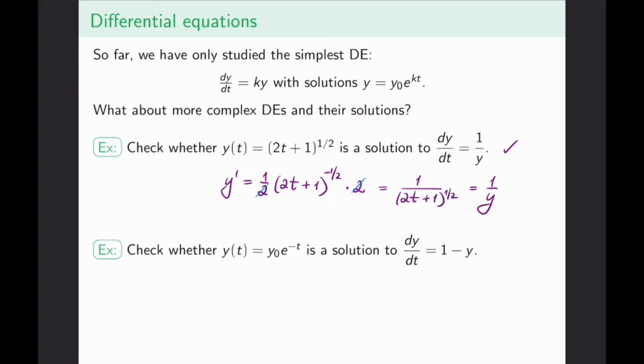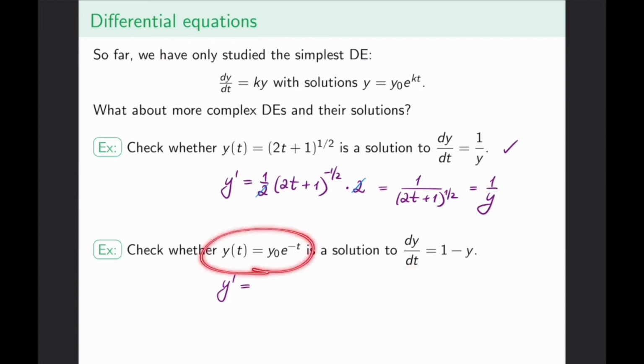For the next one, we're asked to check whether a negative exponential function satisfies the differential equation y prime equals 1 minus y. So again, I'm simply going to first of all take a derivative of this function. Notice that I move freely between the notation dy by dt and y prime, as long as the independent variable with respect to which I'm taking the derivative is understood.